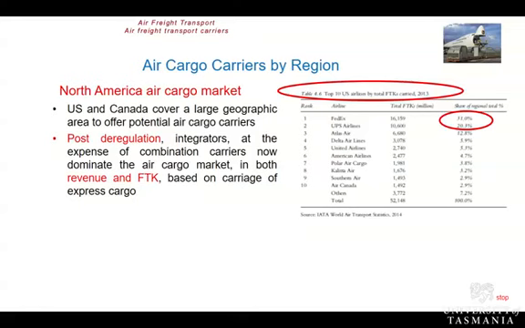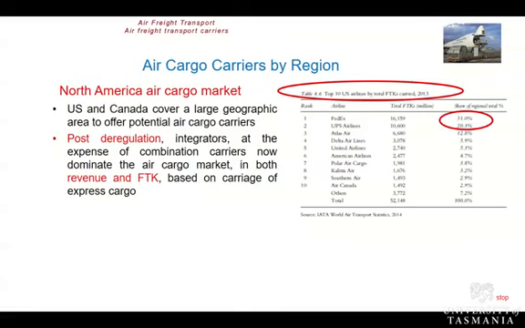So most of the combination carriers, anybody who might have had a freighter in the fleet, were competing very heavily, but they weren't necessarily competing on air cargo, they were competing on passenger. So that left a niche opportunity for these integrators to take advantage of.